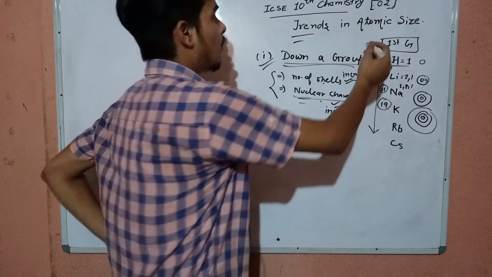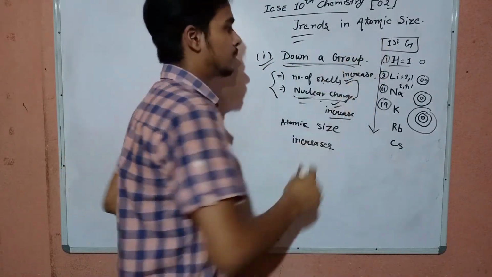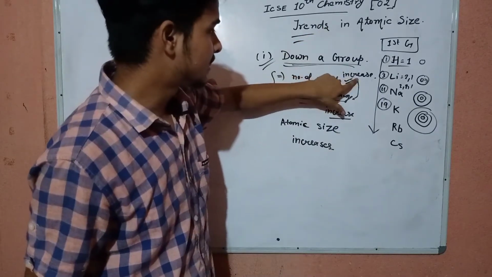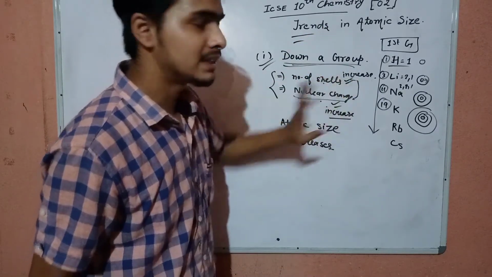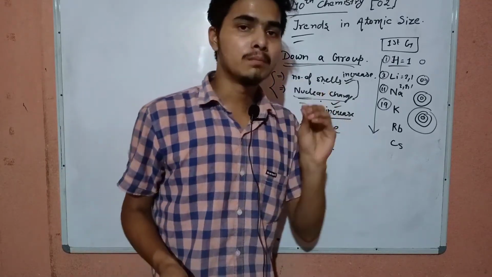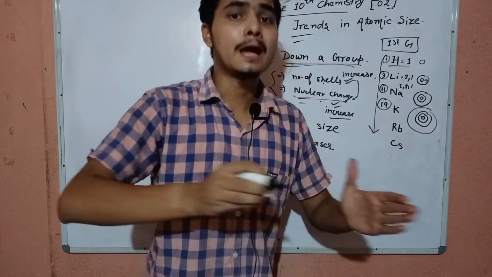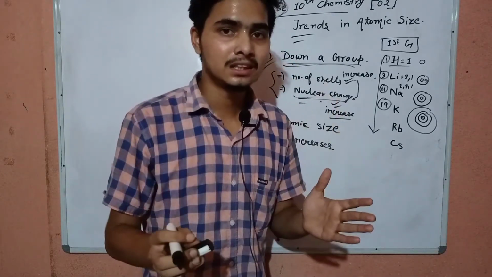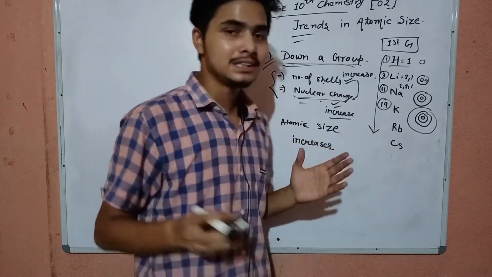Suppose the question is: why does atomic size increase going down a group? You will see that when we go down a group, the number of shells increases and nuclear charge also increases. But as the effect of the number of shells is increasing rapidly, the nuclear charge effect is not seen, and hence atomic size increases.